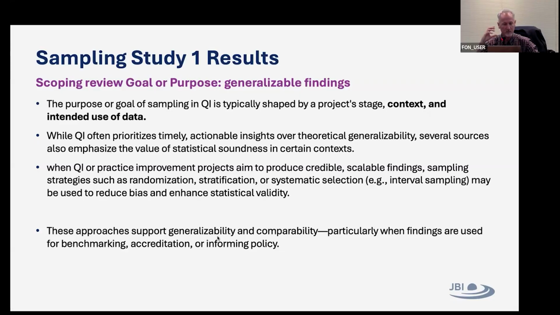And so when it's intending to produce scalable, credible findings, sampling tended to focus more on the probability side of things and use randomization, stratification, or systematic selection. And the goal is related to the intended use, to reduce risk of bias and enhance statistical validity.